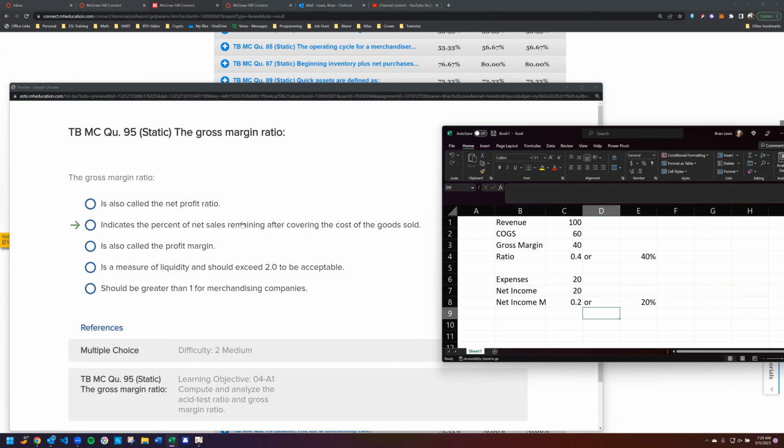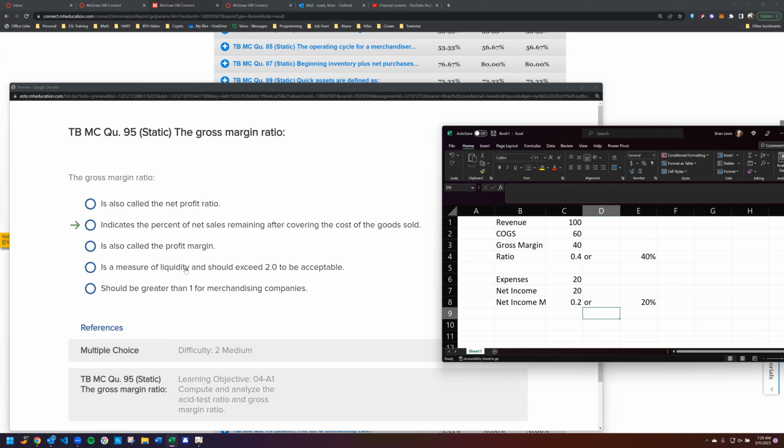It is also called the profit margin. Unlikely, because usually profit margin refers to net profit, so I would say no on this. You still couldn't argue it, because it's just a gross margin, not a gross profit.